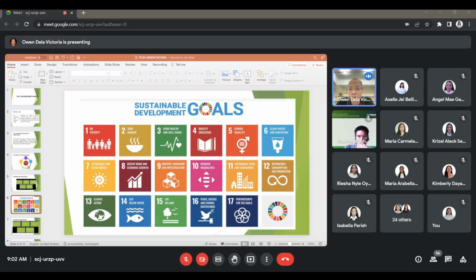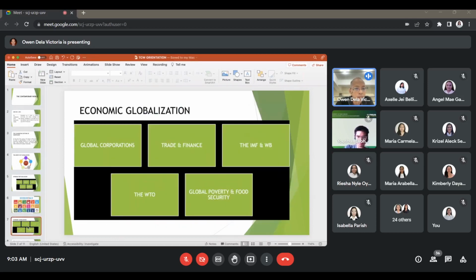For example, climate action, life below water, life on land, clean water and sanitation. These are the things that the world really needs today. Besides, the SDGs will also inform and guide you on how you will go about your final deliverable.